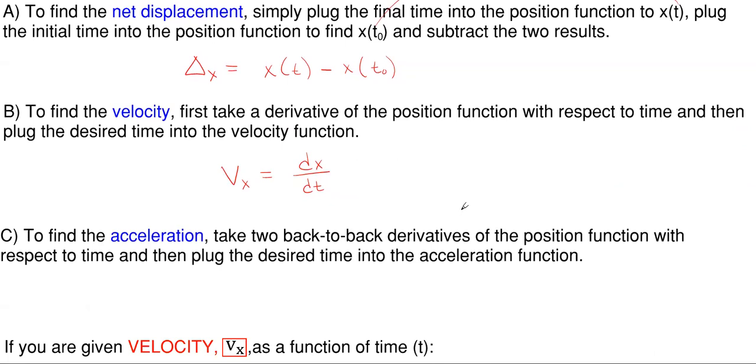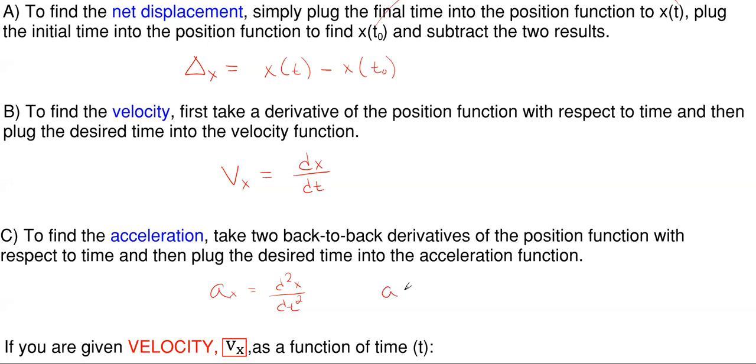If you needed a velocity at a certain time, you would plug in whatever time you needed. All right, so for our third one, if you're tasked to find acceleration given position, you would take back-to-back derivatives, so two derivatives of the position function with respect to time, and then plug the desired time into the acceleration function. Your acceleration, a sub x, would be the second derivative of that x equation with respect to time.